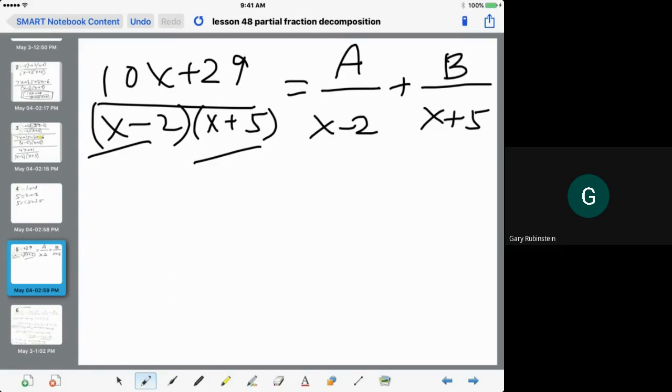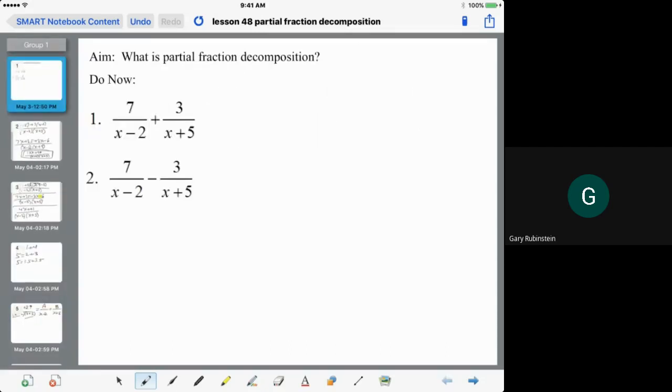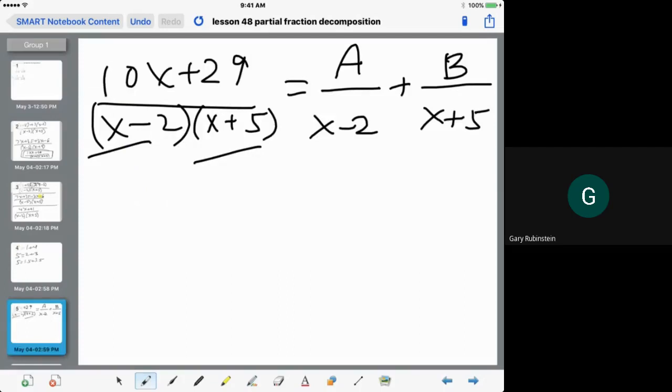So partial fraction decomposition will start with that assumption. We want to find the way of splitting up 10x plus 29 over x minus 2 times x plus 5 so that the denominators are x minus 2 and x plus 5. And we'll know that our technique worked if we end up with 7 and 3 for A and B.